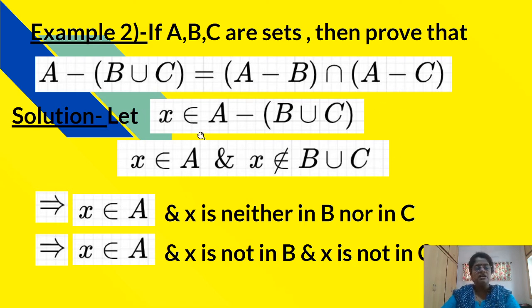Therefore, let X belong to LHS, that is X belongs to A minus (B union C).